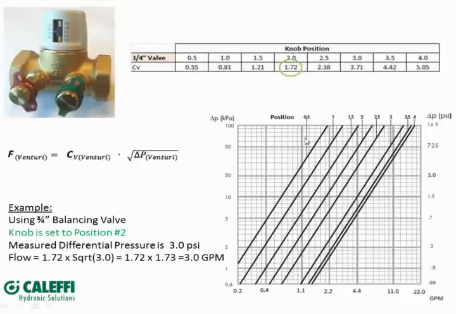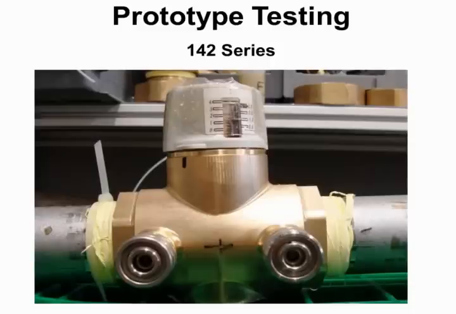What we're going to be doing is working off the graph that is associated with position 2. So there's position 1, 1.5, 2. So there. We're going to take our measured 3 PSI, come across to where it crosses 2, take that down, and we can see again 3 GPM. So by way of lookup or by way of calculation, we have calculated 3 GPM going through the valve.